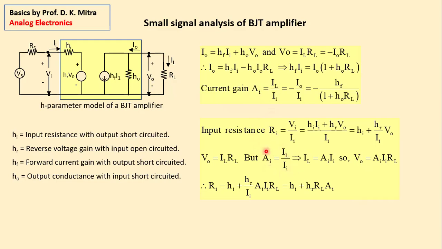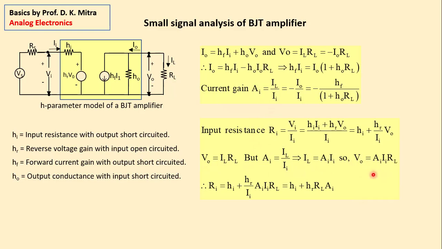So from here what do we get? We get IL is equal to AI II. VL is equal to VO is equal to IL RL. That means VO is equal to AI II multiplied by RL.